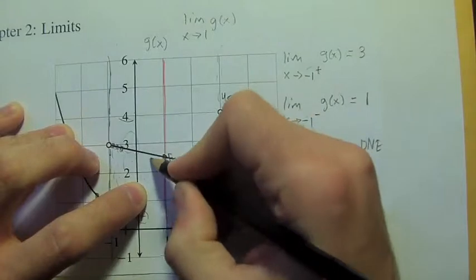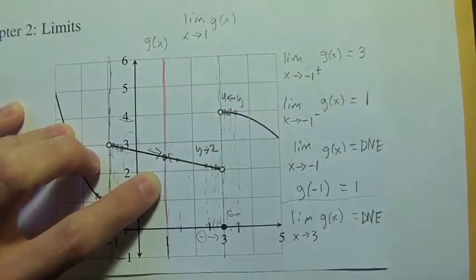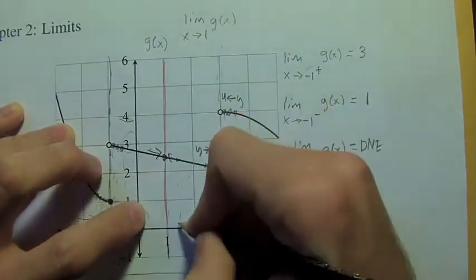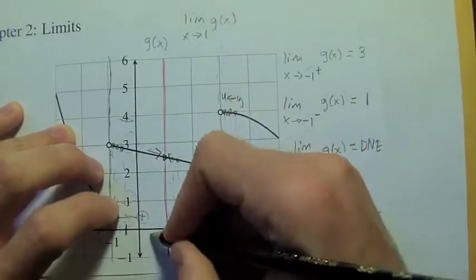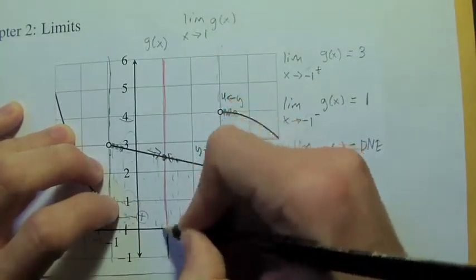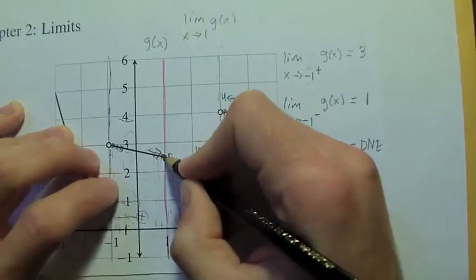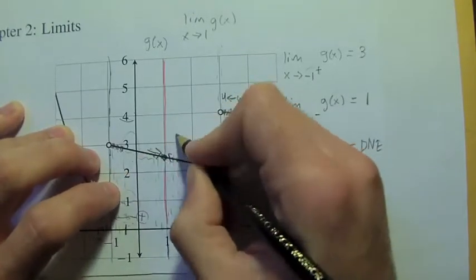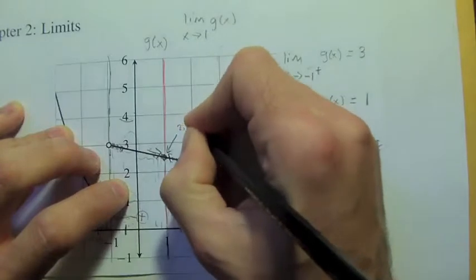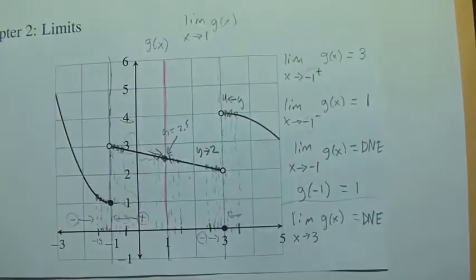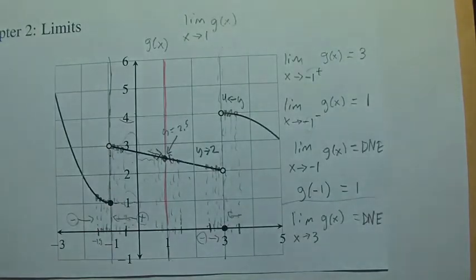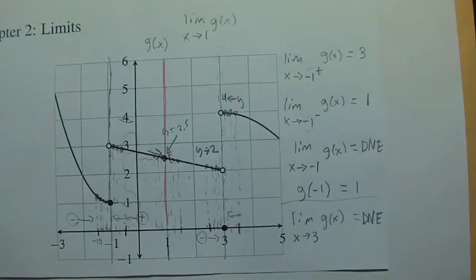We come up this way, come up this way, right? And you can apply the points like usual, like from the right and from the left, and see that they're both zeroing in on this y value, which looks to be about 2.5, right? Just about. Okay. So from both sides, that graph is zeroing in on 2.5.